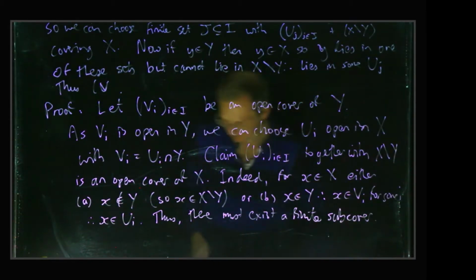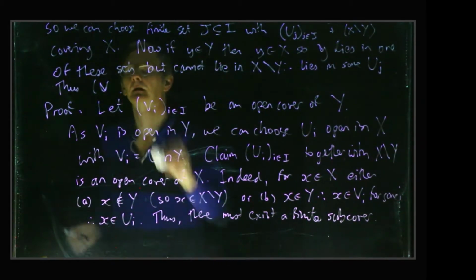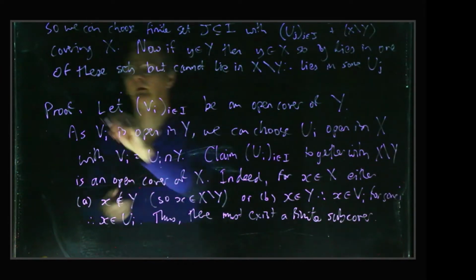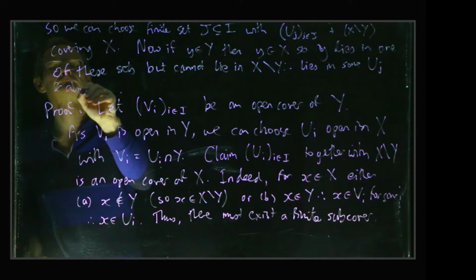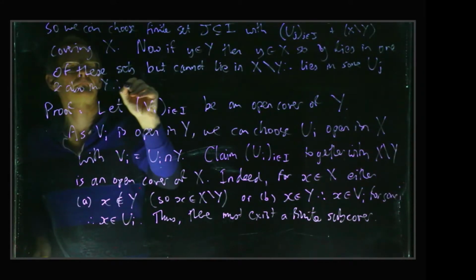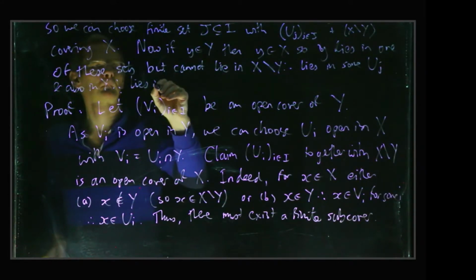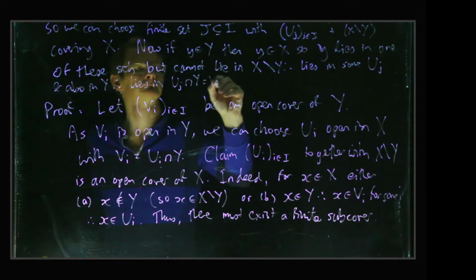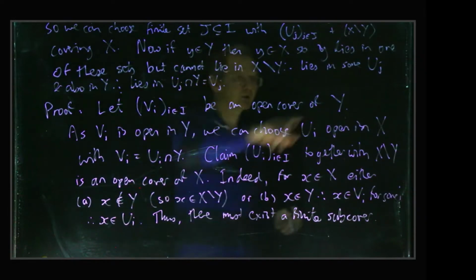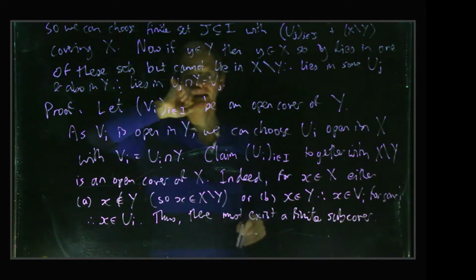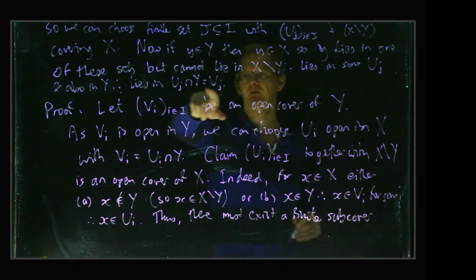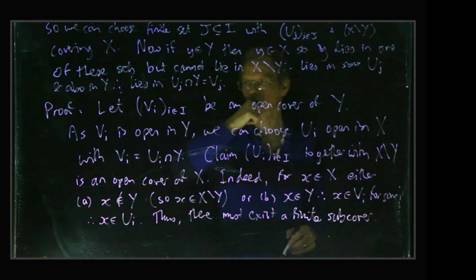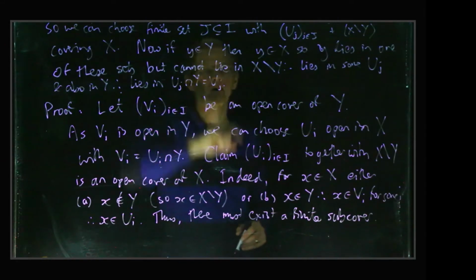And then also it lies in Y, and V_j was chosen such that V_j is U_j intersect Y, so we're lying in U_j intersect Y, which is equal to V_j.